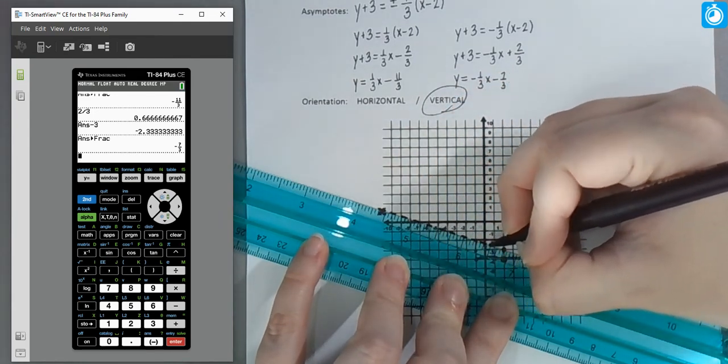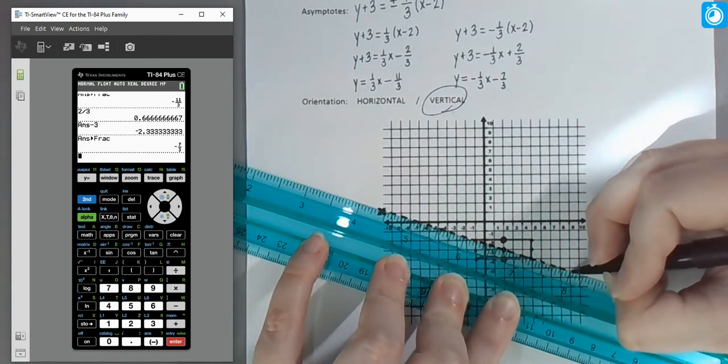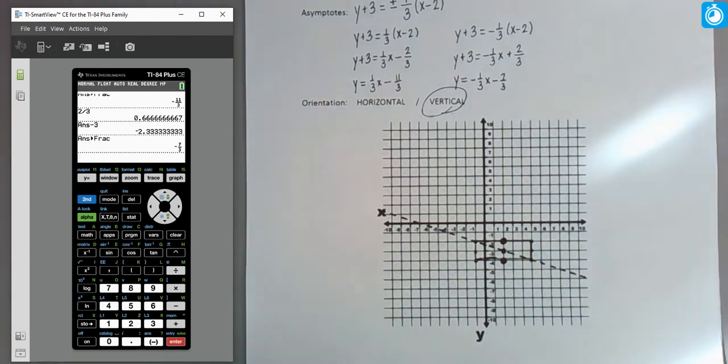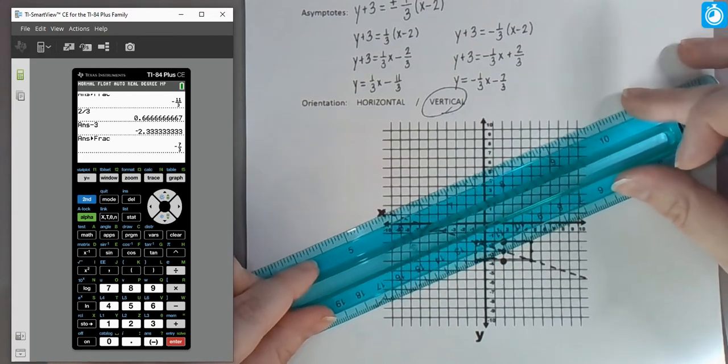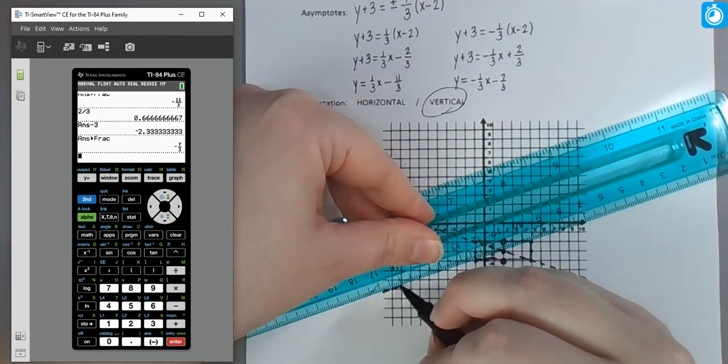And notice when we actually look where it passes through the y-axis, it doesn't pass along the actual grid. It passes somewhere between the grid lines, which we know would occur because we have a fractional y-intercept. Let's graph our other one.